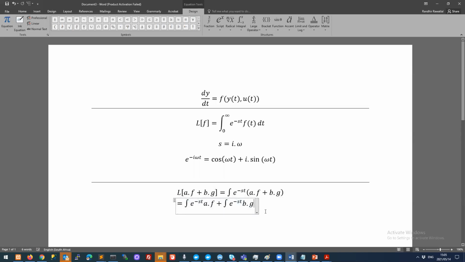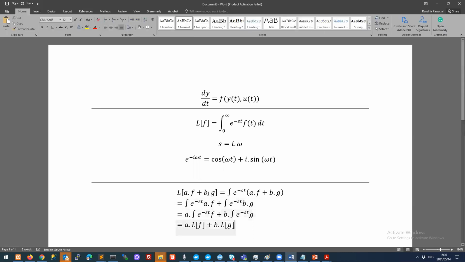So this is A times this plus B times that, which is nothing but A times the Laplace transform of F and B times the Laplace transform of G. Right, so that's a quick, easy proof that the Laplace operator is a linear operator.